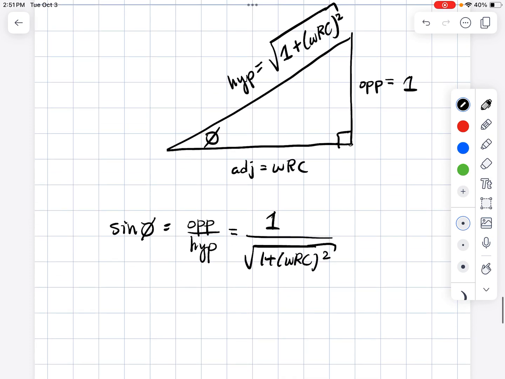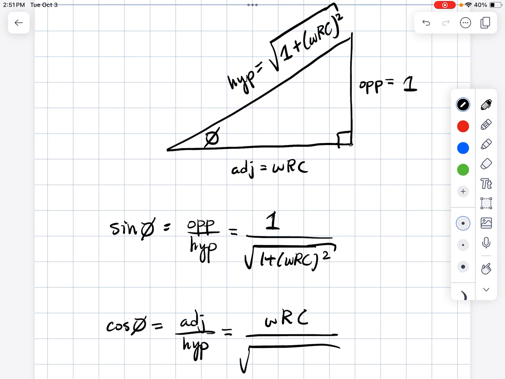Likewise, we can say cos phi, CAH, is adjacent over hypotenuse. The adjacent side is omega RC, and the hypotenuse is the square root of 1 plus omega RC squared again.